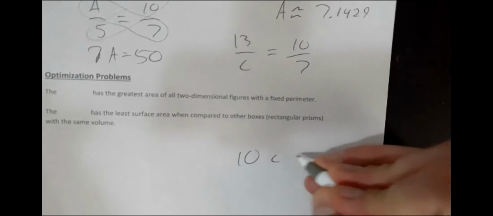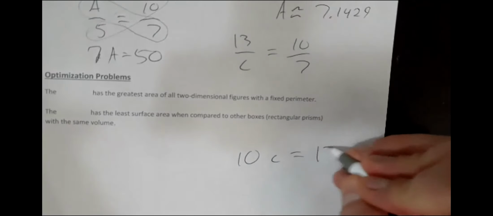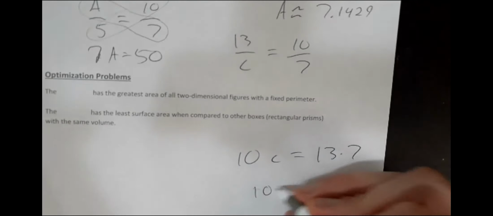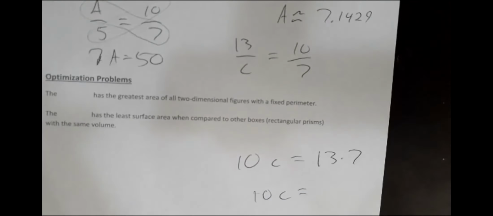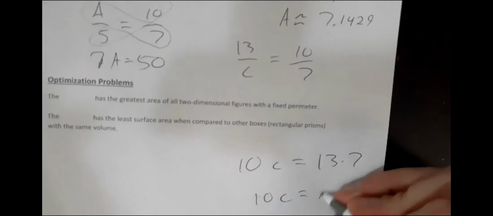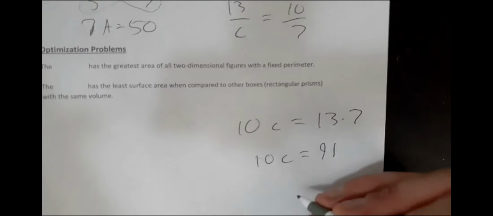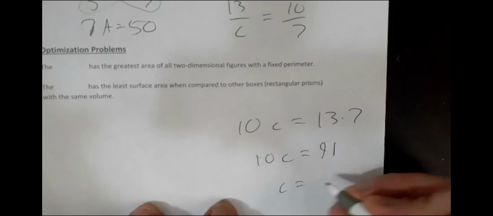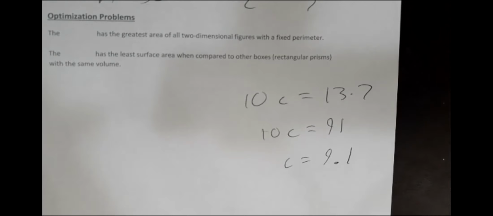I believe that's going to give me 10C. Now 13 times 7. 13 times 7 should give me 91. And this one divides a little bit more evenly, so C is going to be equal to 9.1, I believe. Okay.